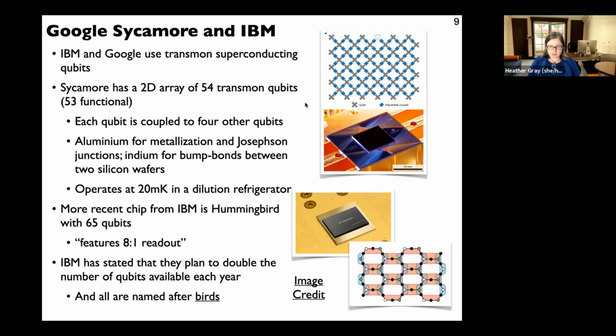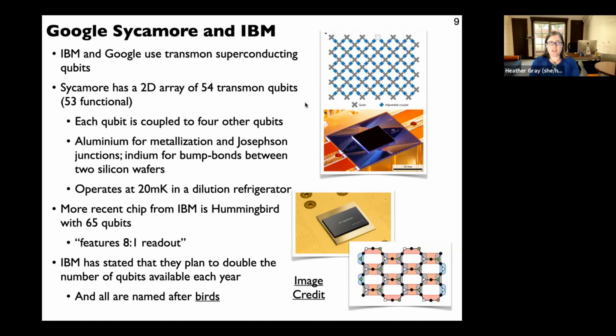Now, if you look at that image of the connectivity on the top right, what you can see is that each of the individual qubits is coupled to 4 other qubits. This is always one of the issues that's really important in quantum computers of today, because although we would like all qubits to be coupled to all other qubits, which would allow us to do the most complex types of algorithms on a quantum computer, it turns out to be very difficult to do that.